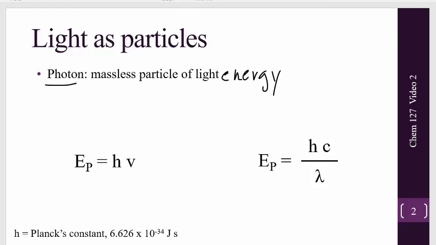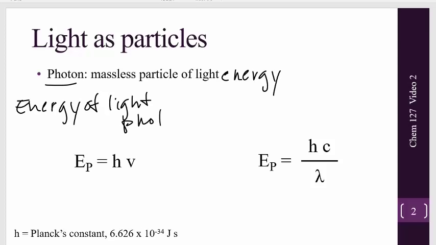And another property of these photons that we're going to talk about in class is that the energy of light, the energy of a photon, is based on the frequency of the light.